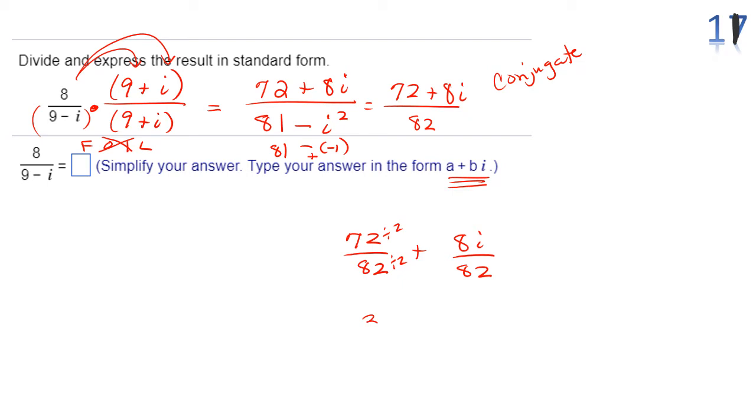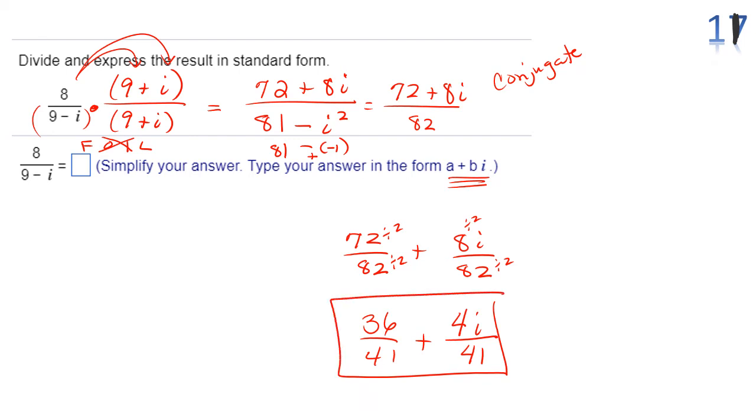You will end up with 36 over 41. Then, when I reduce 8 over 82, again, just divide each by 2. That will give me 4i over 41. Or you could write the i separately to the right. That is the final answer.